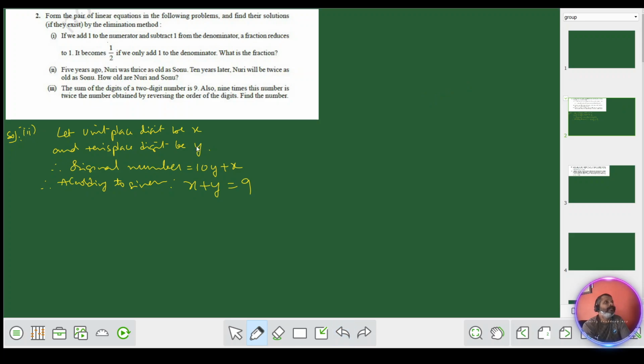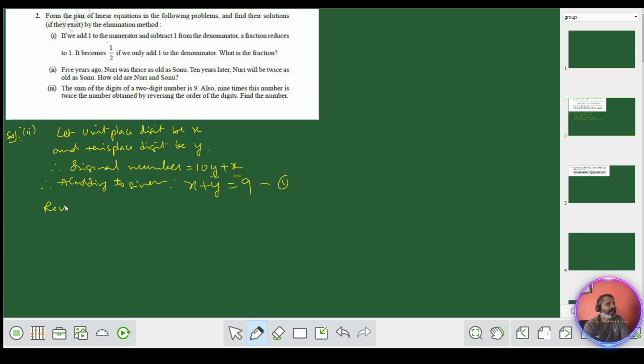For the second part, let's see. 9 times this number is twice the number obtained by reversing the digits. 9 times this number means the original number. What is the original number? 10y plus x. What is the number we get after reversing the digits? Please remember, you have to reverse the digits of y and x.